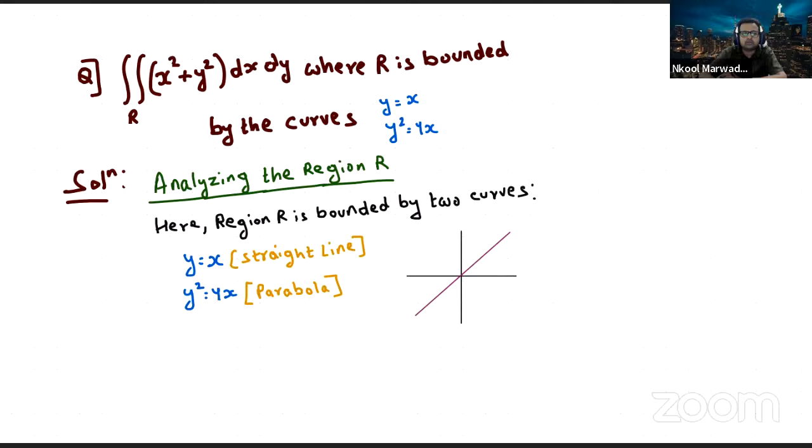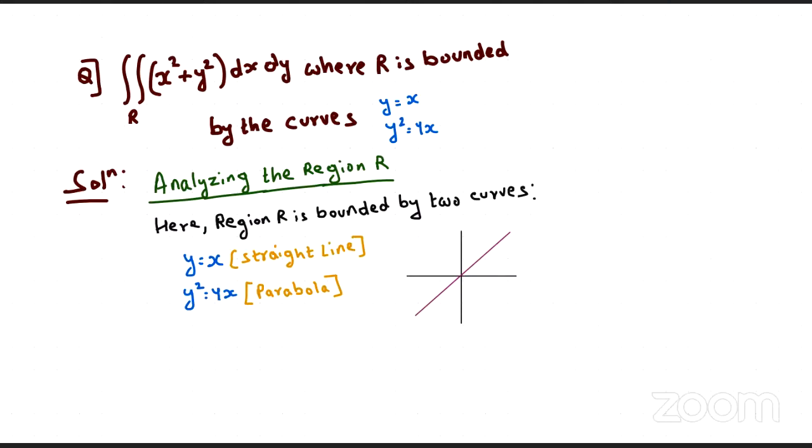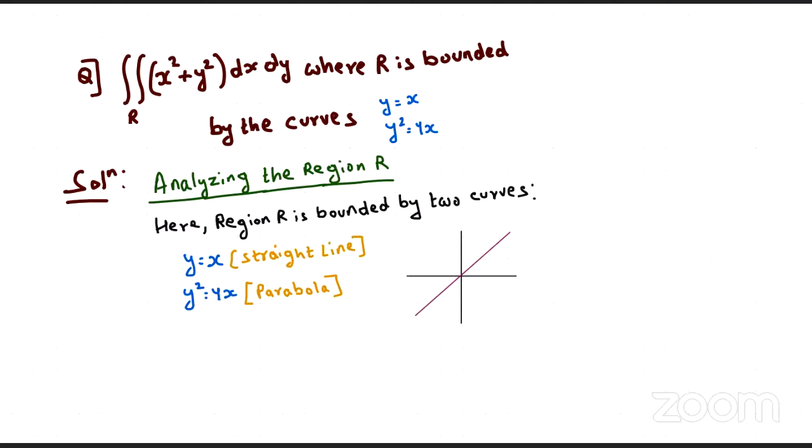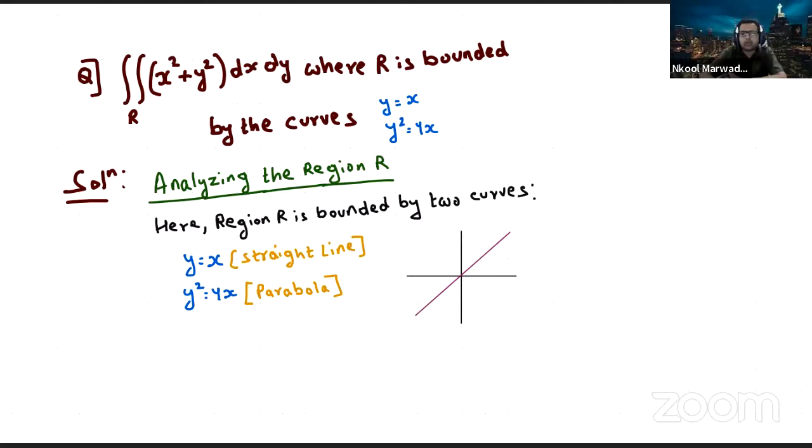So when x is 0, y is 0. So the parabola will pass through the origin. When x is 1, y is plus or minus 2, so I will get 2 points of y. It means that it has to be something like this.